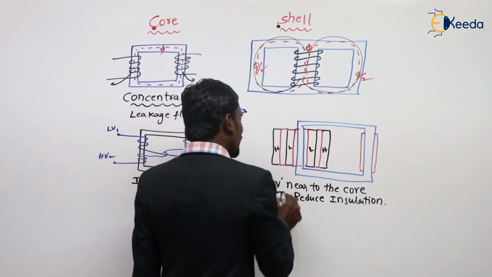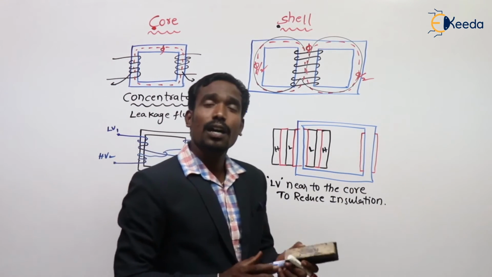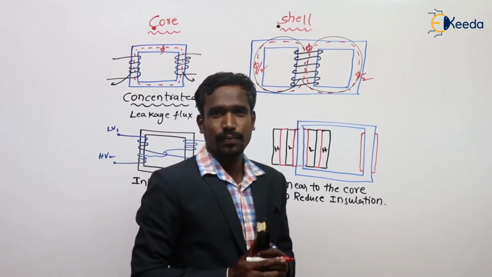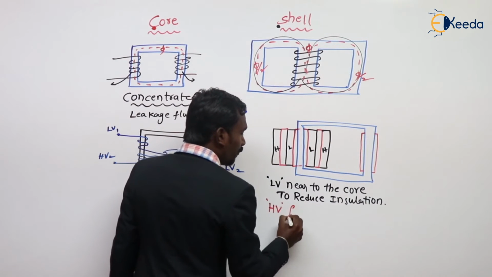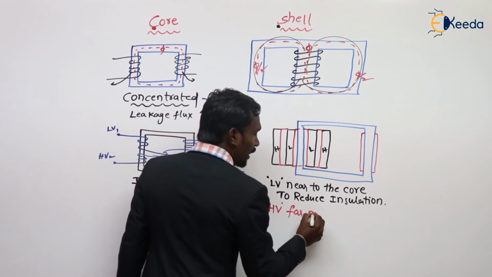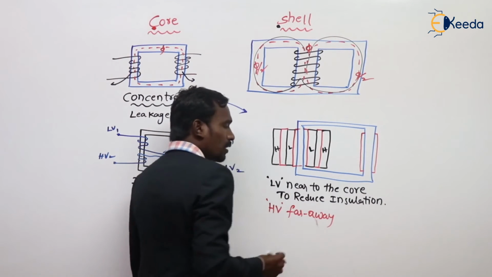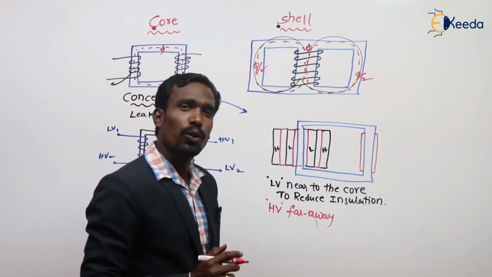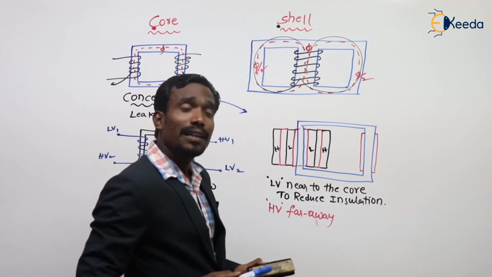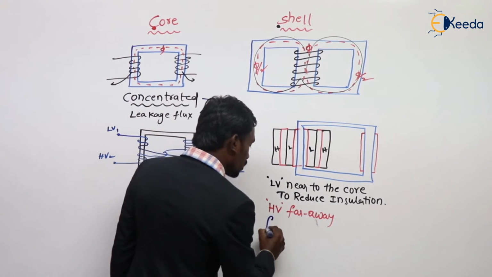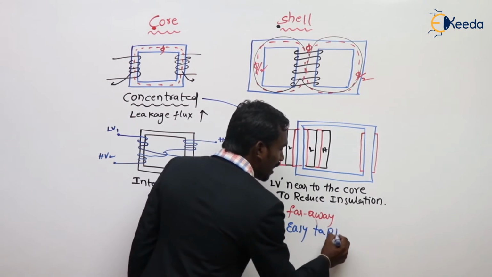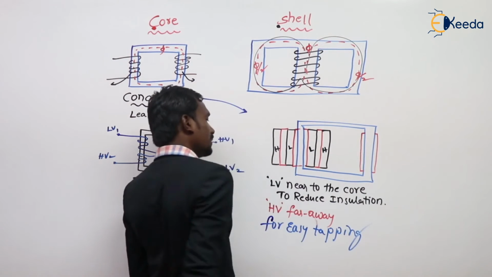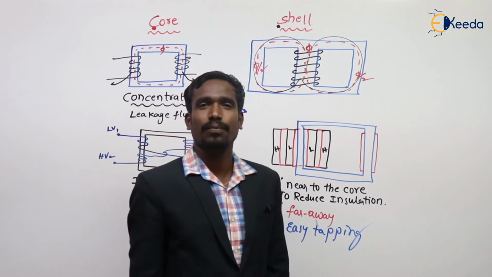And always the HV winding is far away from the core, for easy tapping or tap changing.